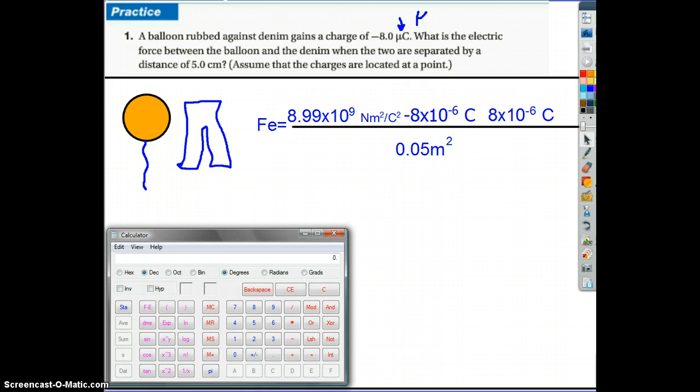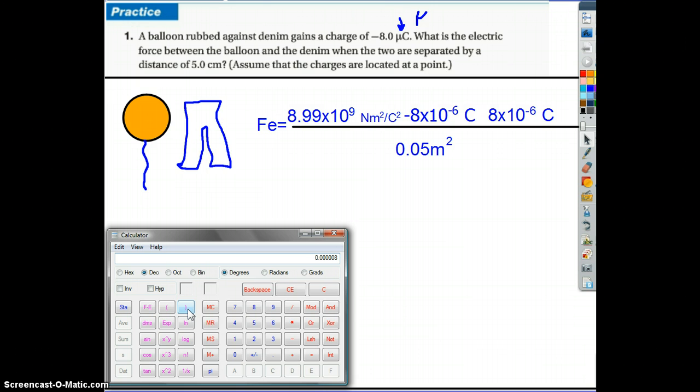And if you'll please excuse my very low-tech calculator that I will calculate on the screen, you can see how I did it. I go 8.99 exponent to the 9th times, put a parenthesis in, 8 exponent to the -6th, close my parenthesis.